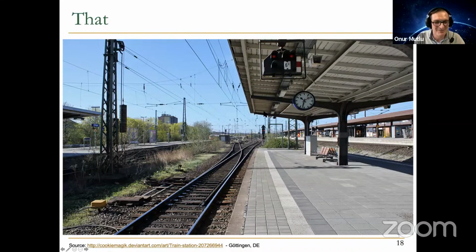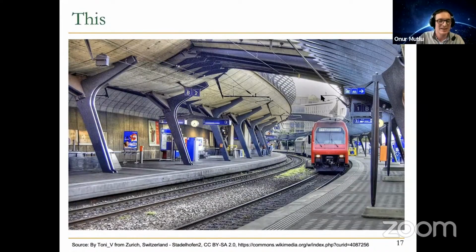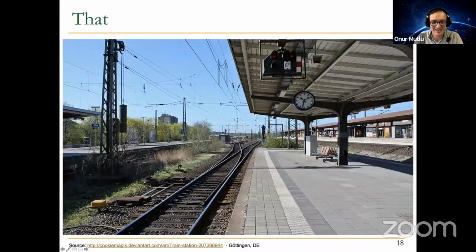I don't care, basically, but in the end, it's like a normal train station, right? It's nothing out of the ordinary. It's maybe kind of boring, but it works, I guess. It's not that bad, but clearly it doesn't have the artistic value that this one has. And again, this could be dependent on the person's aesthetics. So some people may feel more comfortable in this one than this one.